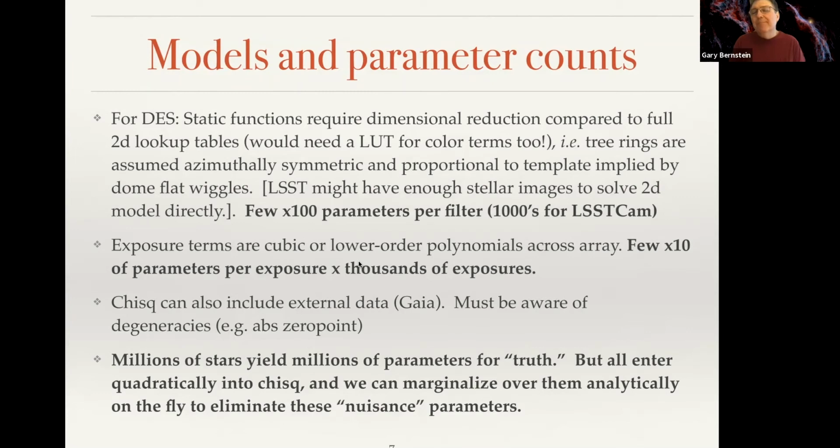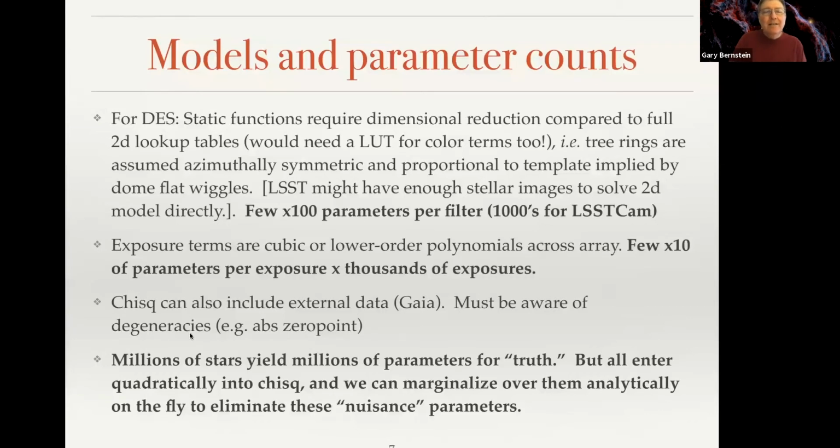Things like, well, the weather can actually affect, for instance, the astrometric map. And so that's about 10 or so parameters per exposure. We're going to be dealing with many thousands of exposures, so that gives you tens of thousands of free parameters in this solution. The chi-squared can also include external data like Gaia, so that really does not change the nature of the solution at all.